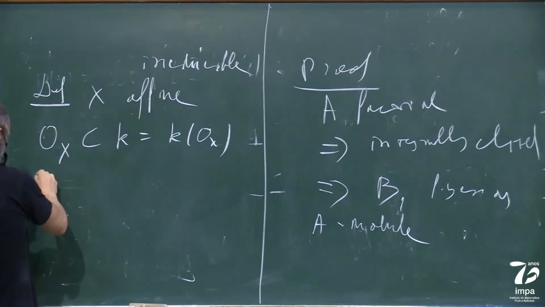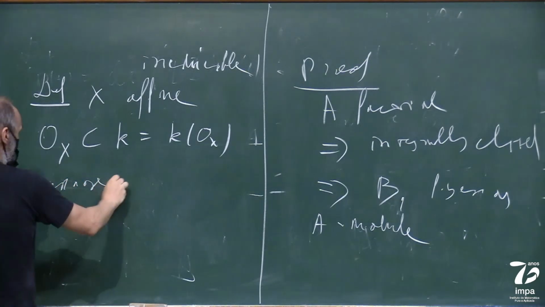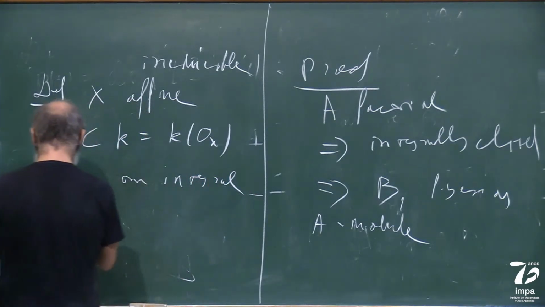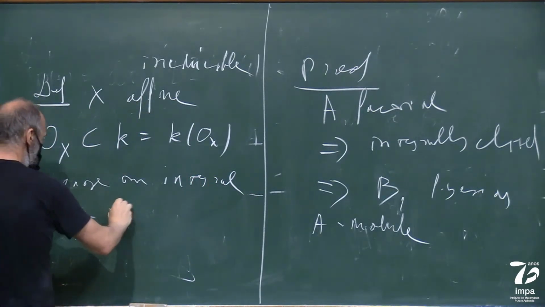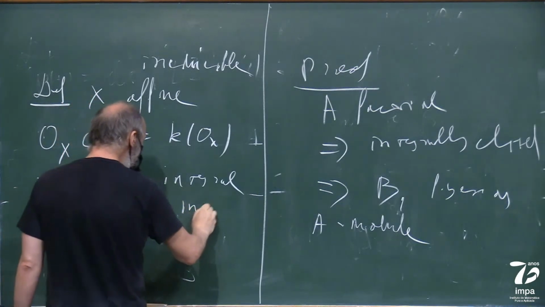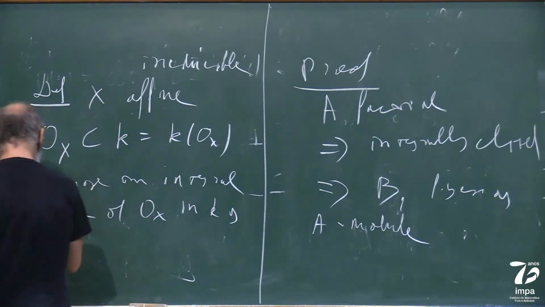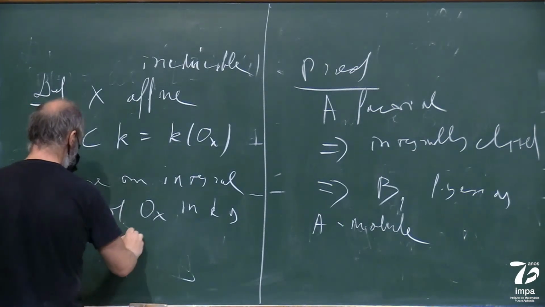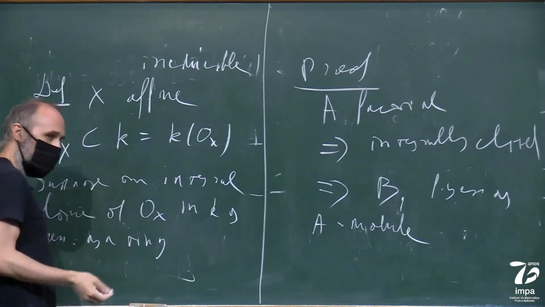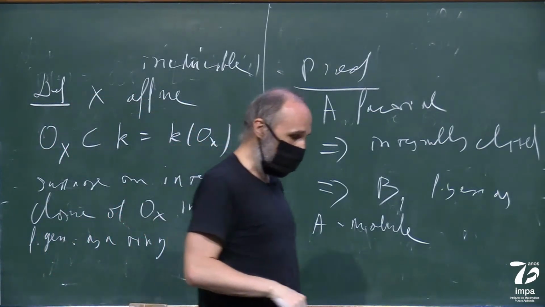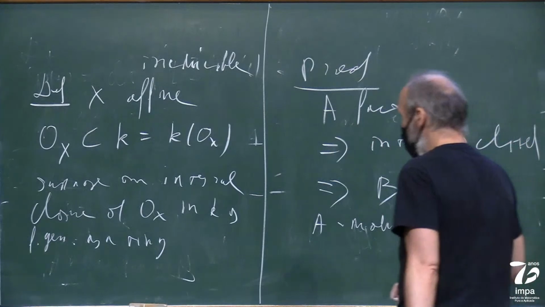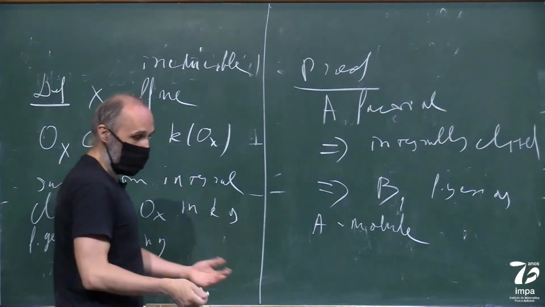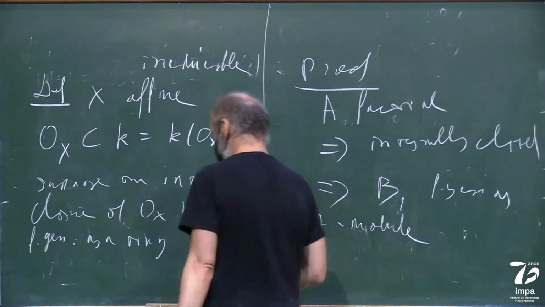And suppose that the integral closure of O_X in K is finitely generated as a ring. Of course, a posteriori, it will be even finitely generated as a module over this ring, but this is something we don't know, and in fact, the proof would also imply that it's finitely generated as a module.